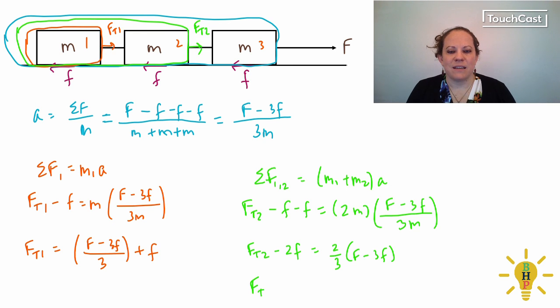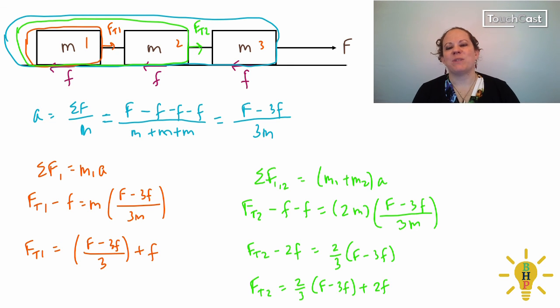And let's add our friction from the left side, and we will get a symbolic result for the amount of tension that's pulling the last 2 blocks in the chain.